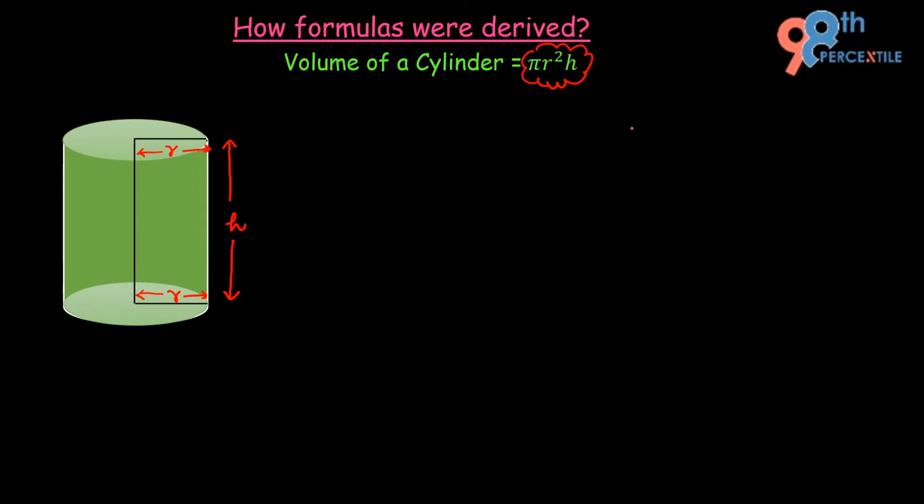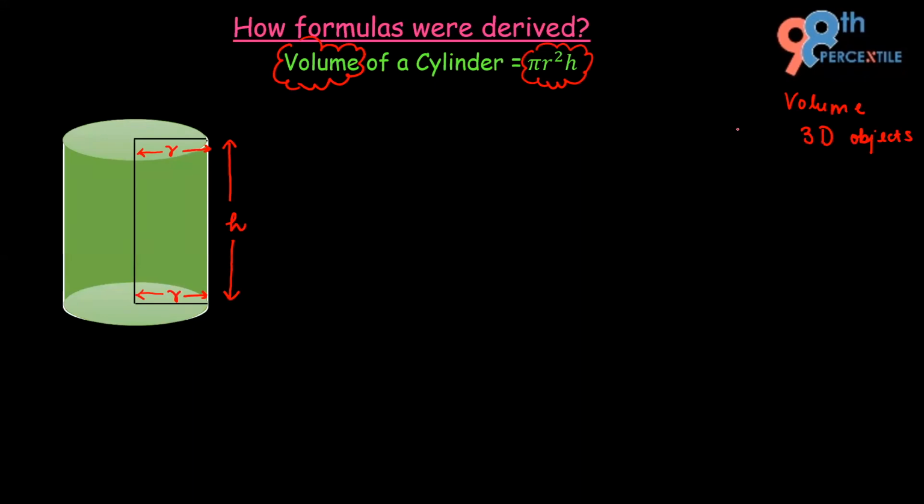Now let's first of all talk about volume. What do we even mean by volume? First of all, when we talk about volume, we always talk about three-dimensional objects. We cannot talk about the volume of any two-dimensional figure.